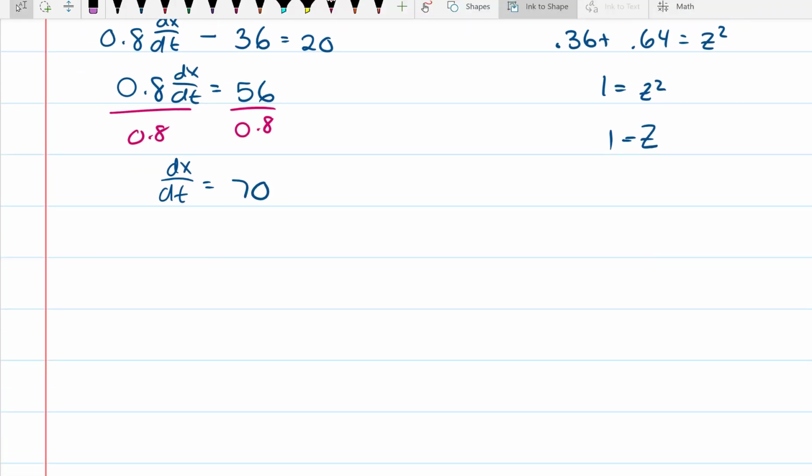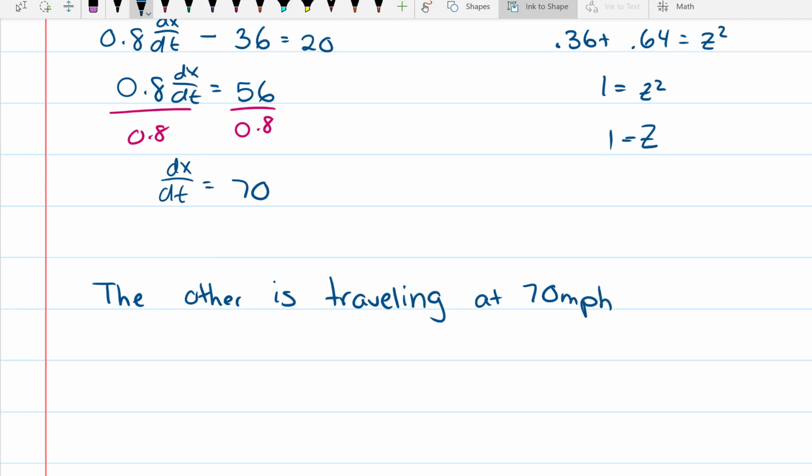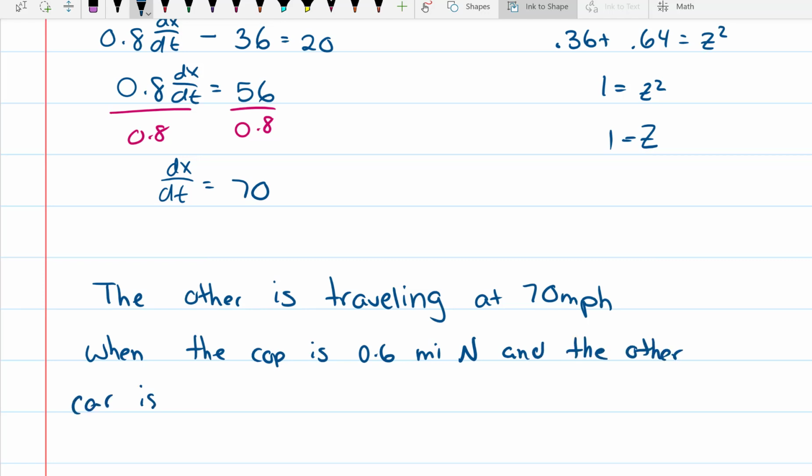This means at this instant, the other car is traveling at 70 miles per hour when the cop is 0.6 miles north and the other car is 0.8 miles east of the intersection.